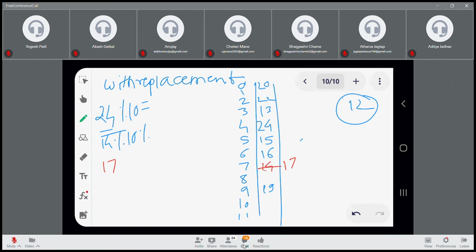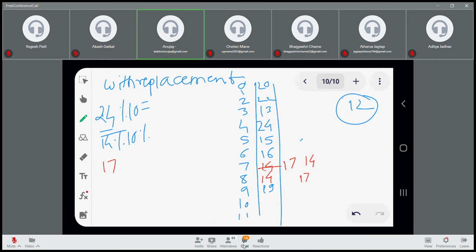And at the next empty index, that is 8, we are going to shift 14. This is the with replacement probing. Got the concept? And when you apply without replacement, in that case, keep this 14 as it is and place 17 at index 8. Got this difference?